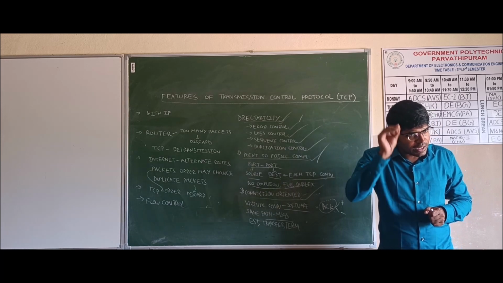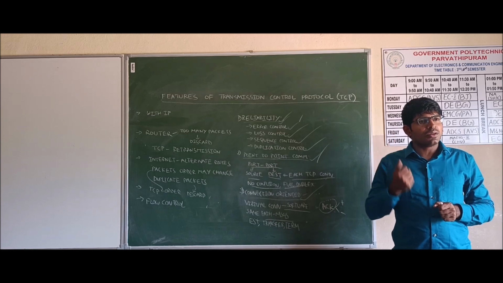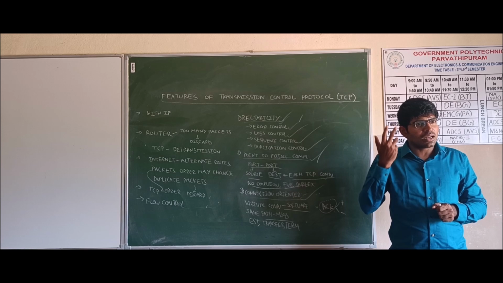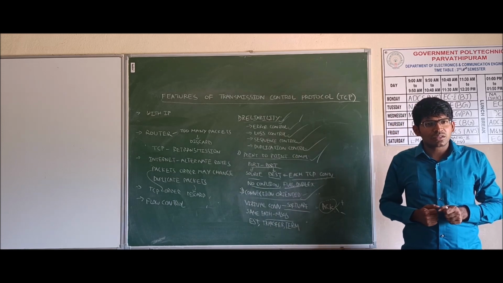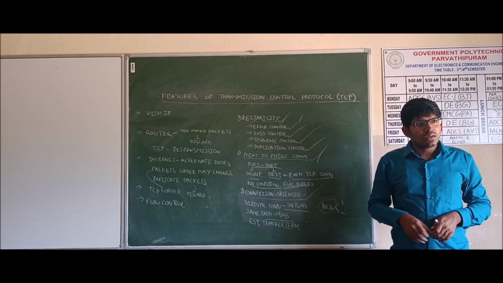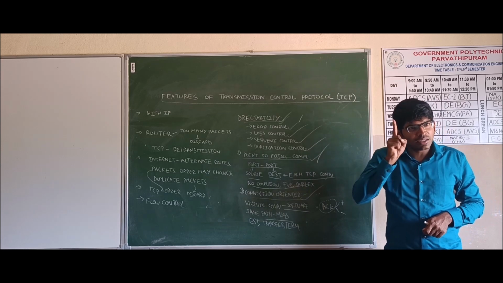This is making the internet reliable. On the internet, we are connecting billions of devices, hundreds and thousands and lakhs of computer networks. But these computer networks are connected in the internet because of the Transmission Control Protocol only. The internet is reliable.